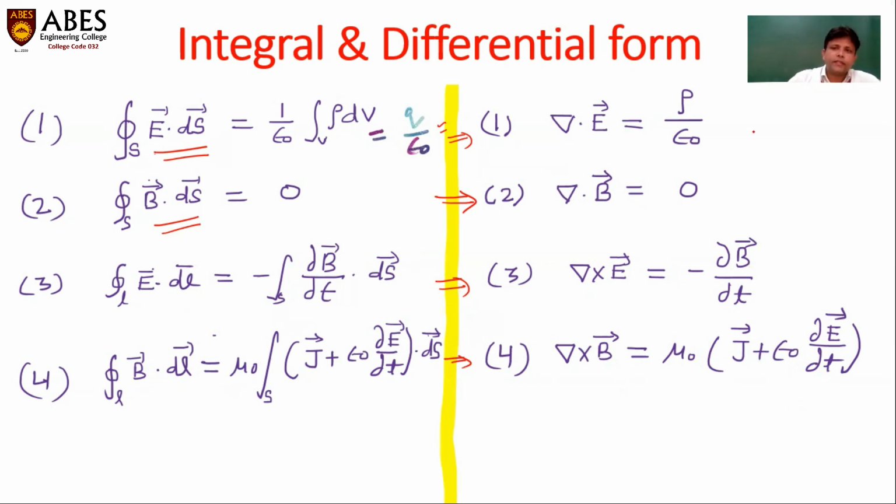All these four equations have their unique significance, and the whole electromagnetic theory can be explained with the help of these four Maxwell's equations.